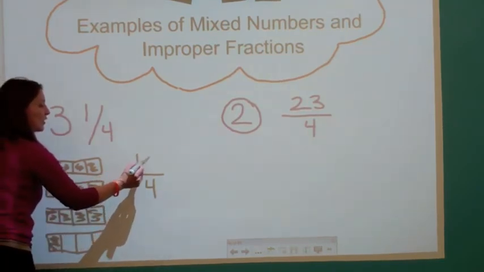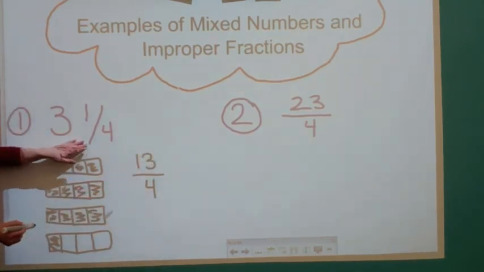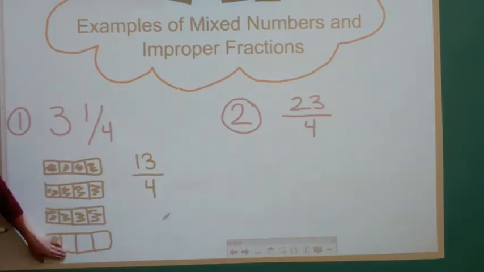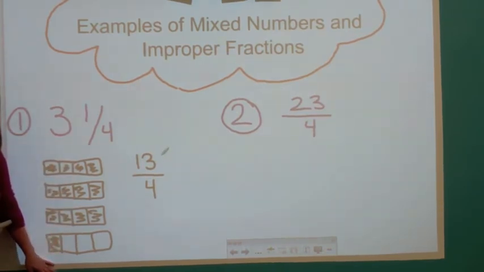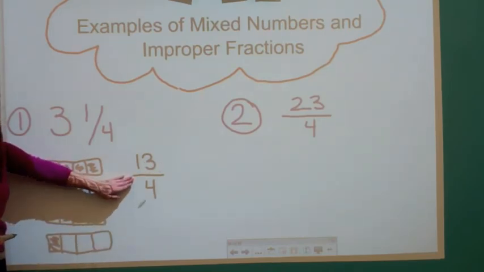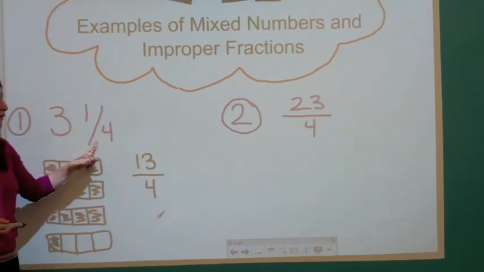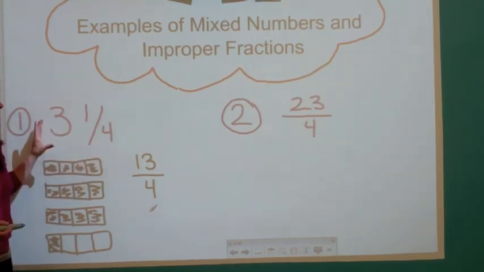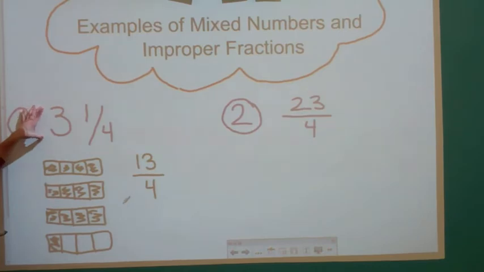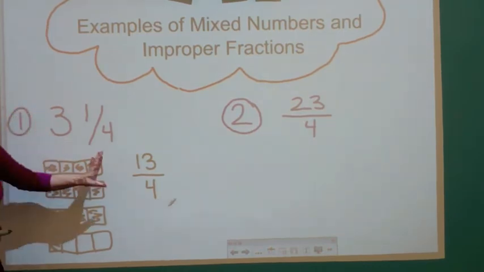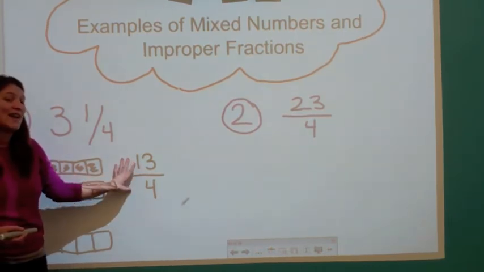So I'm going to put 13 on the top because this shows altogether 13 parts shaded. So 13 over 4 is the same as saying 3 and 1/4. That's what you do when you have a mixed number and you want to turn it into an improper fraction.